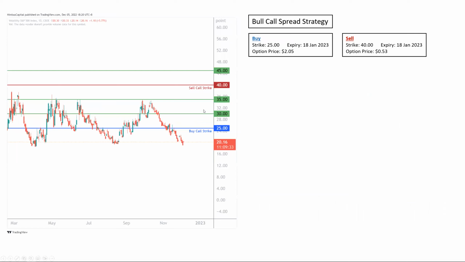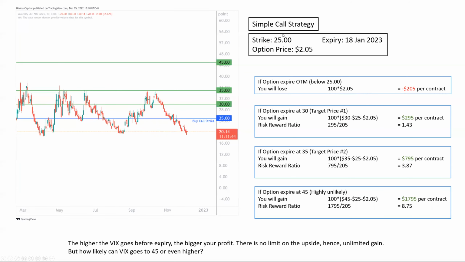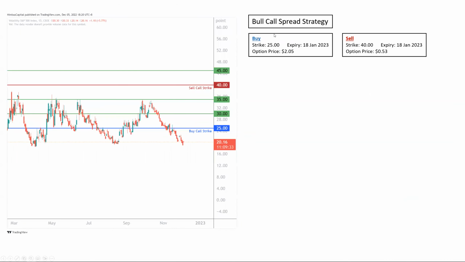So now let's do a calculation for the bull call spread strategy. Okay, so right now we are doing something a little bit different. The first part is the same. We are still buying the call option at the same strike price, same expiry, same option price, which you can see here. Everything is the same, but we have an additional transaction.